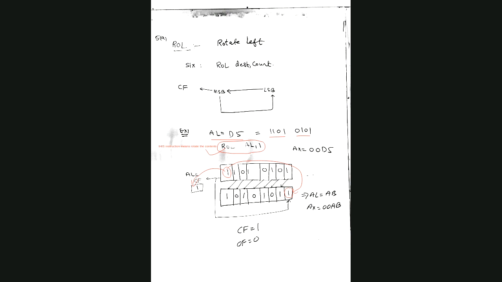Remember, this is the meaning of this instruction. ROL is rotating the contents of the AL register by 1 bit. Why 1 bit? Because I specified 1 here. Now in 8086 processors, you can write ROL, ROR with only 1 here.